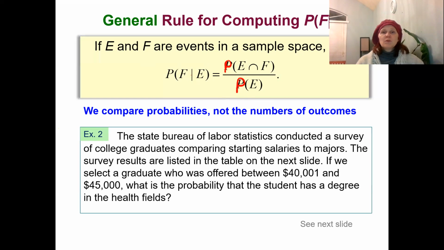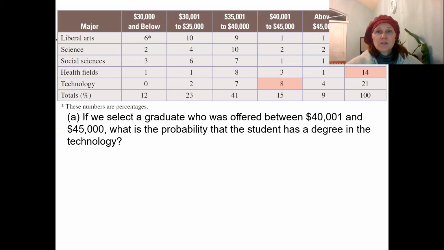Suppose that the State Bureau of Labor Statistics conducted a survey of college graduates comparing starting salaries to majors. Let us consider a couple of situations. If the selected graduate was offered between 40,000 and 45,000, what is the probability that the student has a degree in technology?